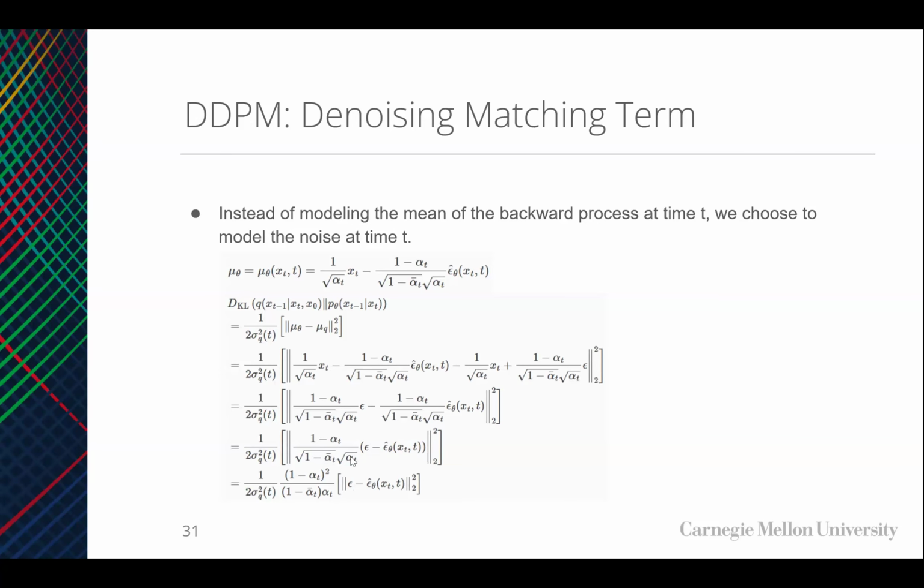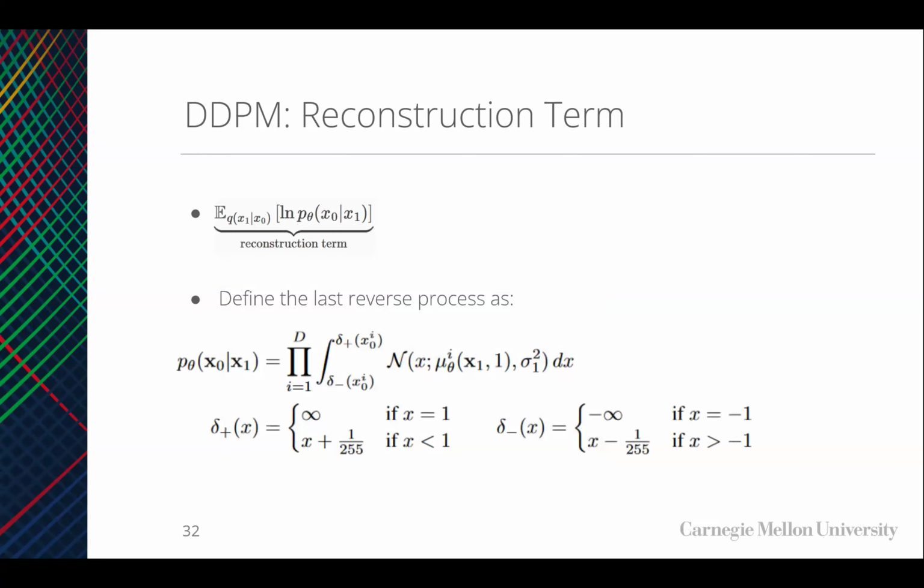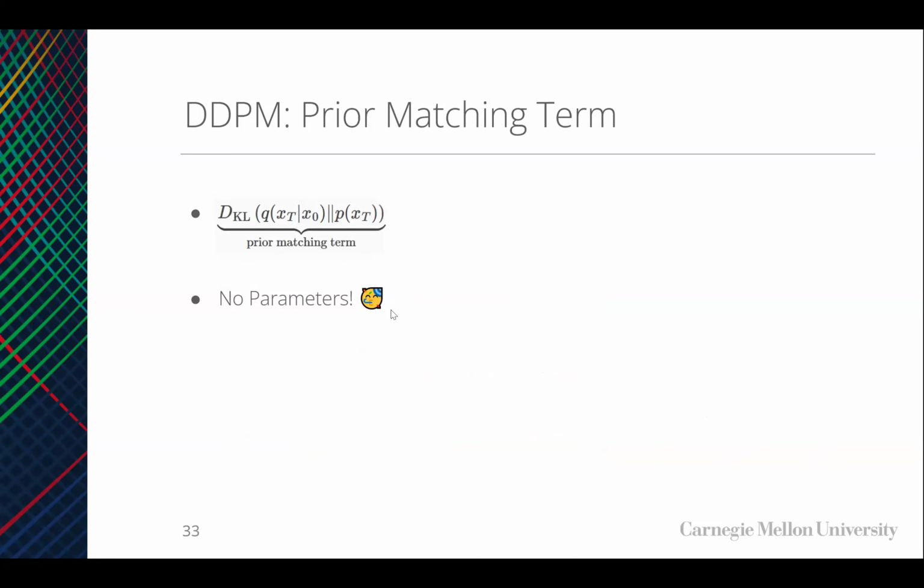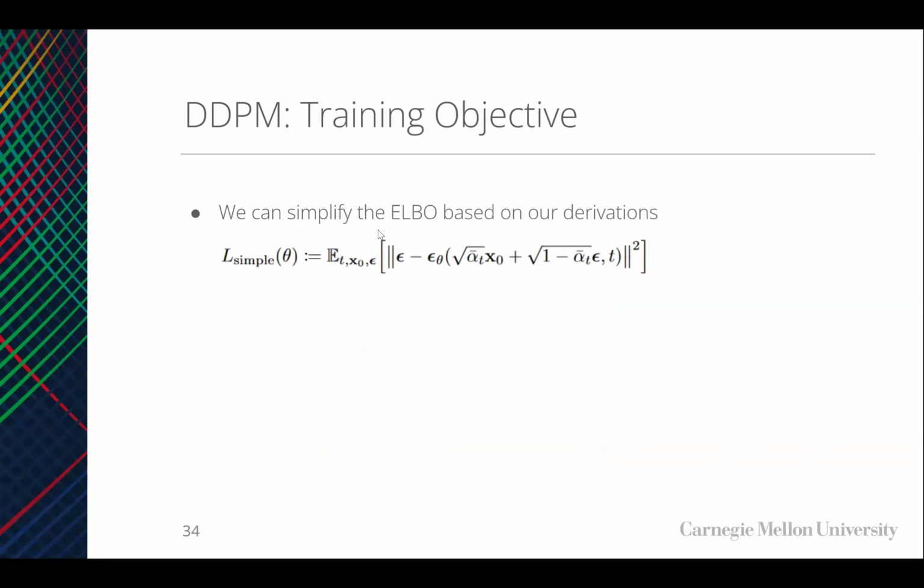This is what we arrive at for the denoising matching term. For the reconstruction term, because the model is taking RGB images, it is actually not continuous, so they designed it to look like this. And for the prior matching term, there are no parameters, so we're done.